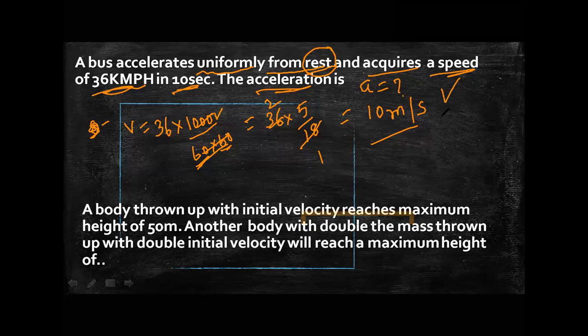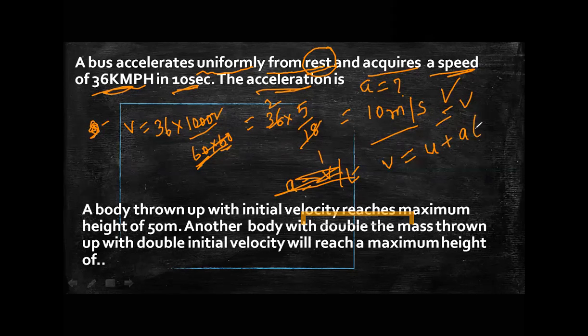Now I got the velocity. This is my velocity. What should I do? Acceleration is equal to velocity by time. No, this is wrong, sorry. V is equal to U plus AT. But you have to use it here actually.